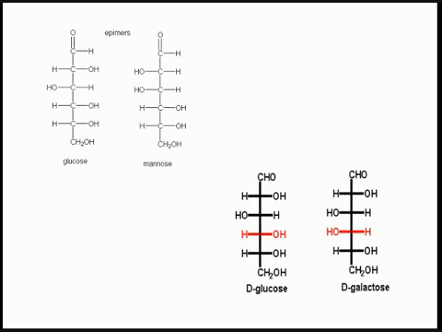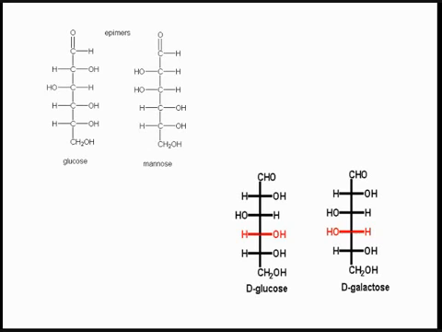The process of interconversion of glucose to mannose and mannose to glucose, or from glucose to galactose and galactose to glucose, is known as epimerization, and there are enzymes which mediate this process. They are called epimerases.